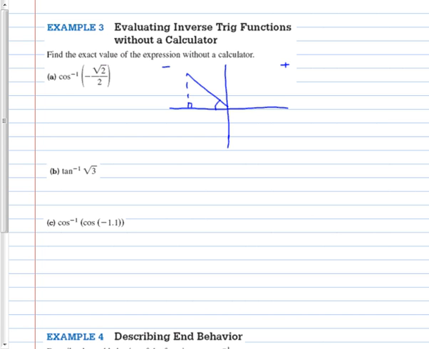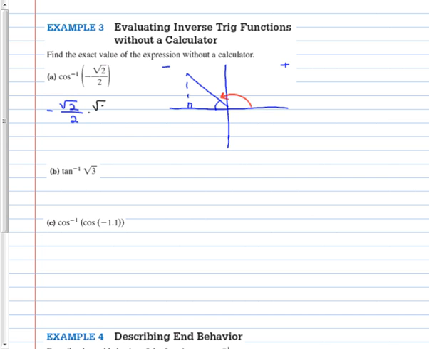This is going to be my related angle. My answer will be the true angle from standard position. But square root of 2 over 2 is not a special triangle as written, because it has already been rationalized, so it looks different.